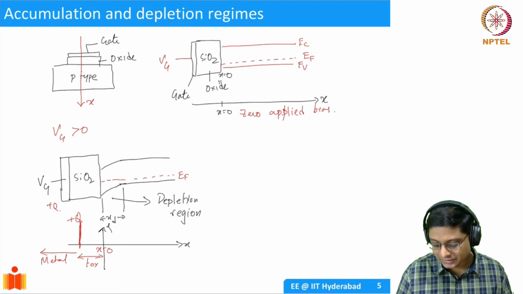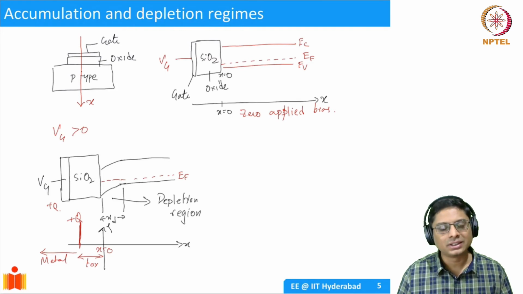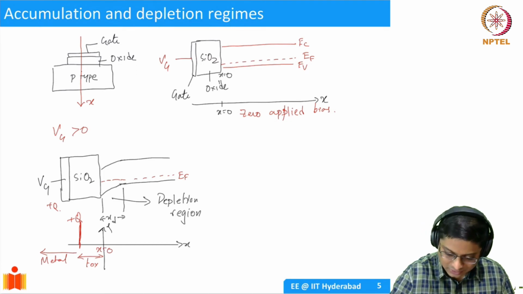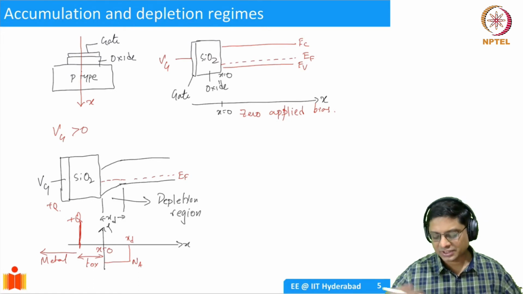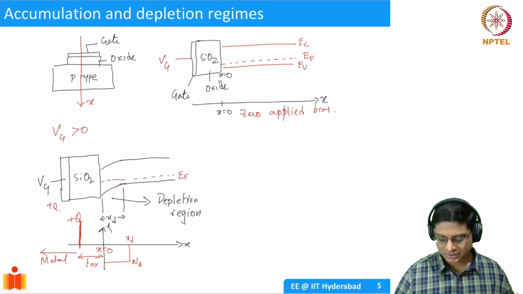And what happens in the semiconductor? Semiconductor is depleted, but it's a space charge, right? It's going to have a uniform density here. So this is my depletion width, and this will be my Na, the doping density. Times the XD will give you the total charge.